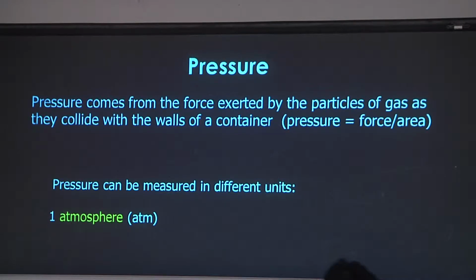That force gives rise to a quantity called pressure. Pressure, technically speaking, is force over area: over a specific area, how much force is being applied, in this case, by the gas molecules.